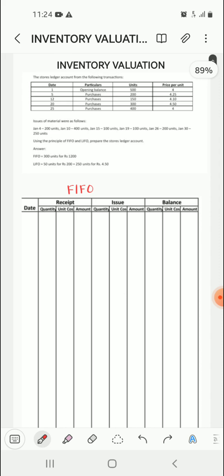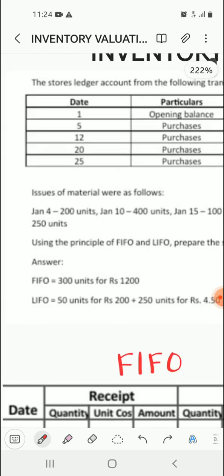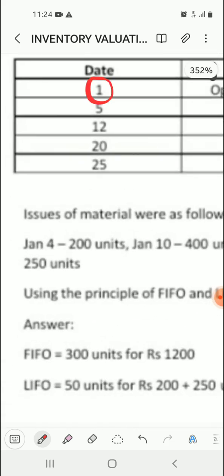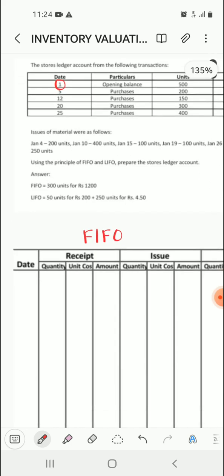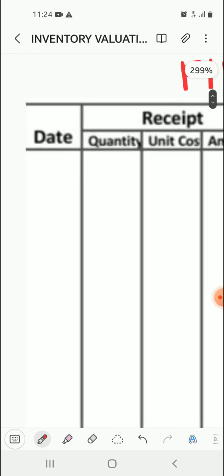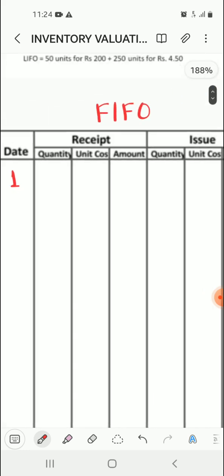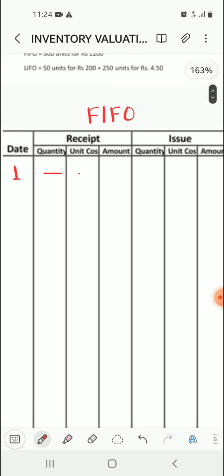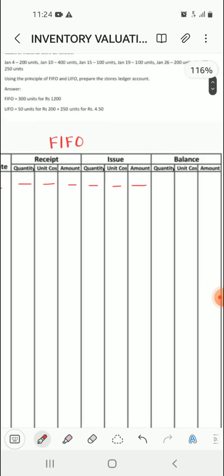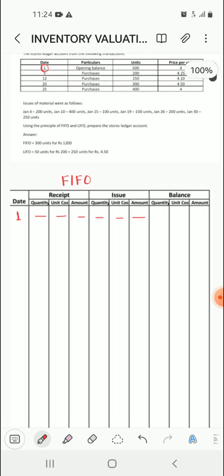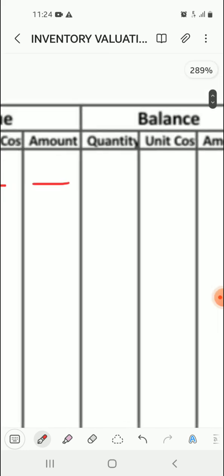So the first date is first, you can see opening balance is given. So we're going to write the date here. We're not going to write anything on the receipt or the issue part because it is neither a purchase nor an issue. Rather, this balance will be written over here right away.